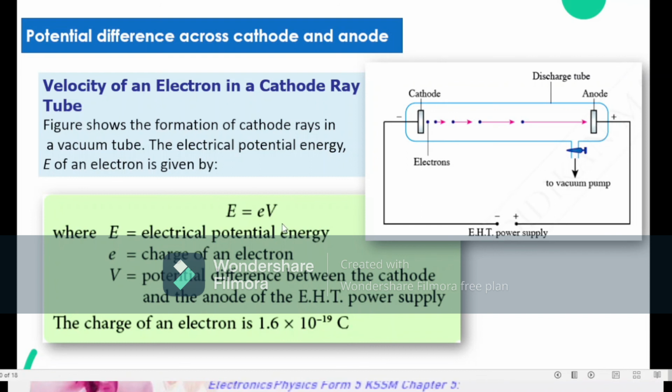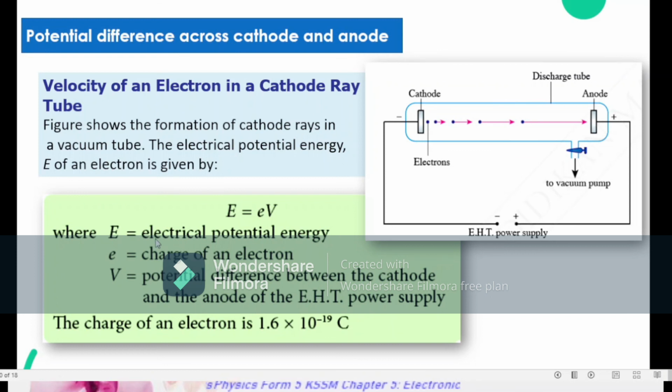If you still remember, this is the formula that we discussed in the topic of potential difference: E equals QV, where Q is quantity of charge, V is voltage. In this case, we just discuss the potential difference supplied to one electron.